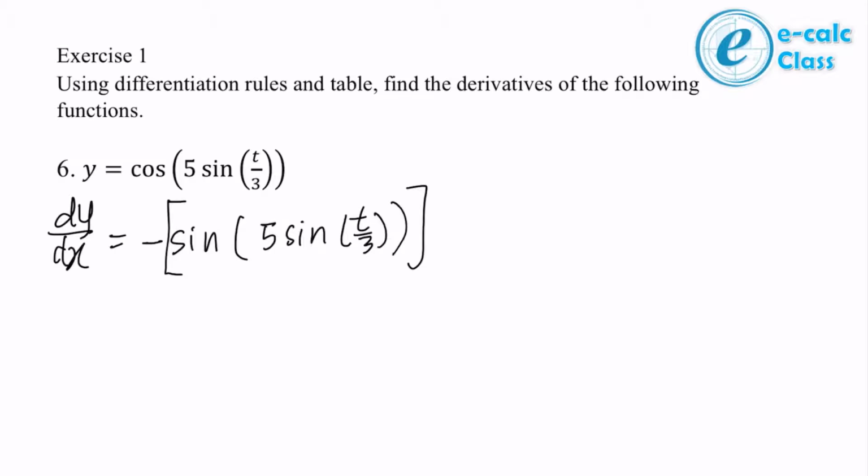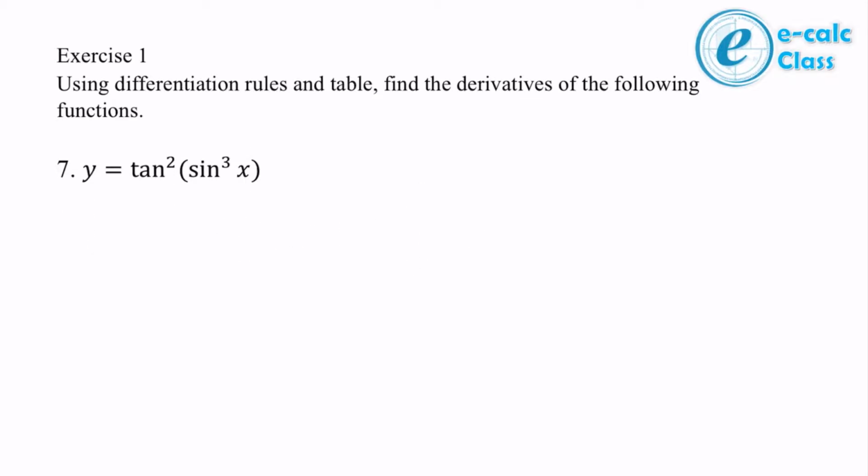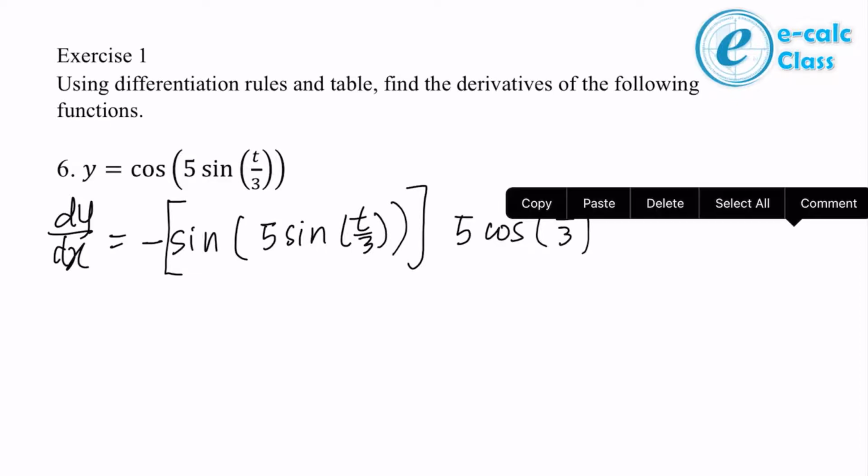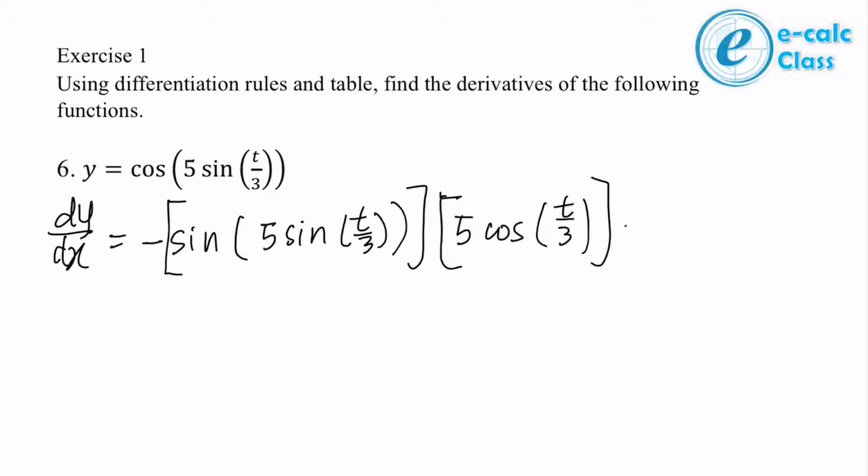You differentiate 5 sine, you get 5 cos. And you have another layer, right? What happened now? You copy inside function, times you differentiate inside function.